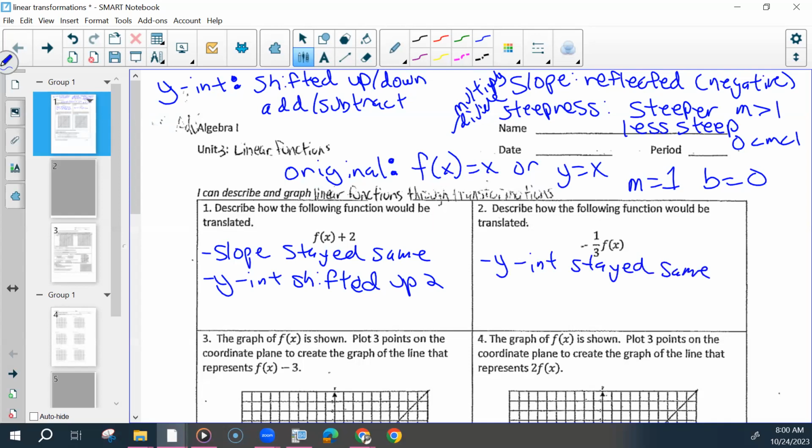Every time we describe, we have to say something about the y-intercept and something about the slope, whether it stayed the same, whether it shifted, whatever. For the slope, 2 things are happening. It's negative, so that means it was reflected. You can put these as 2 things happening together, or you can put them as 2 separate sentences. It's up to you. I'm going to write them as 2 separate sentences.